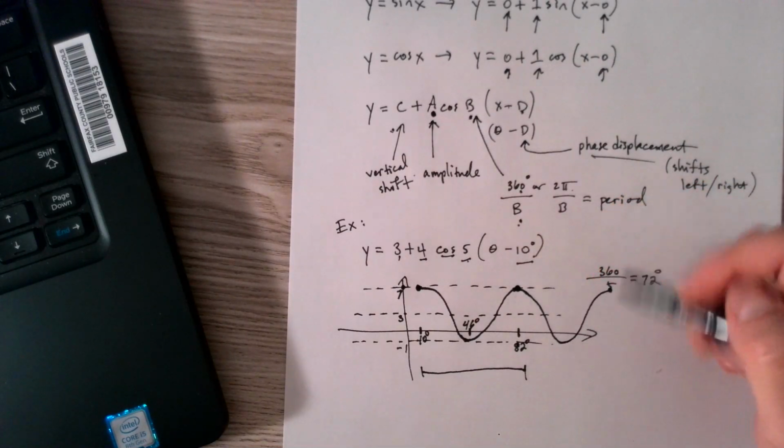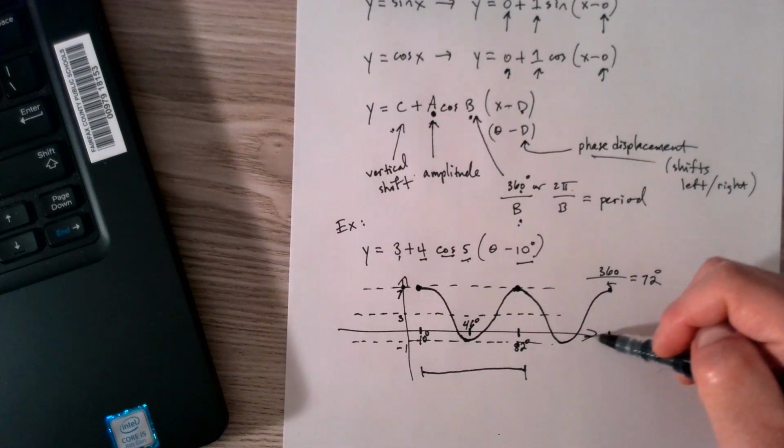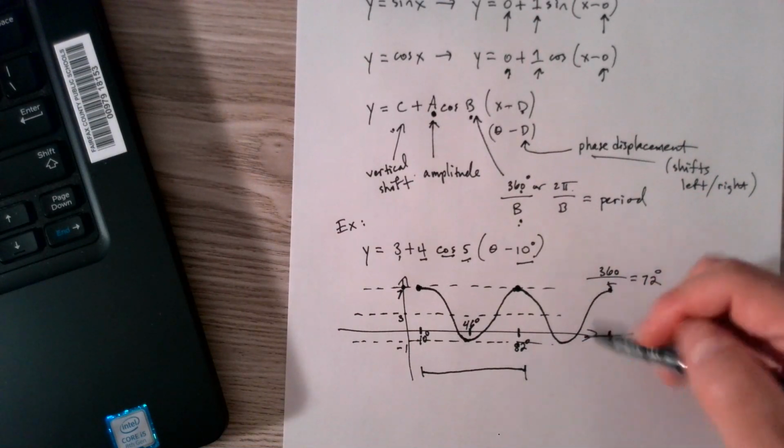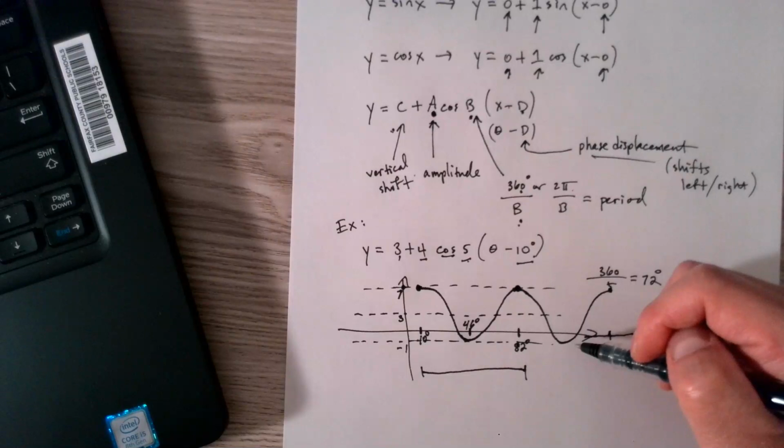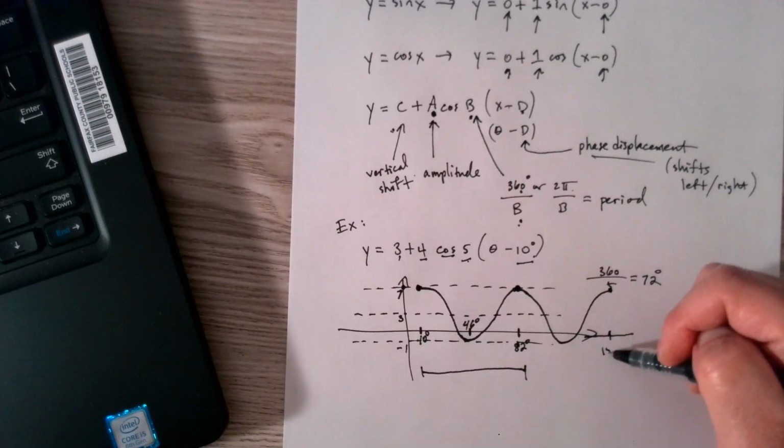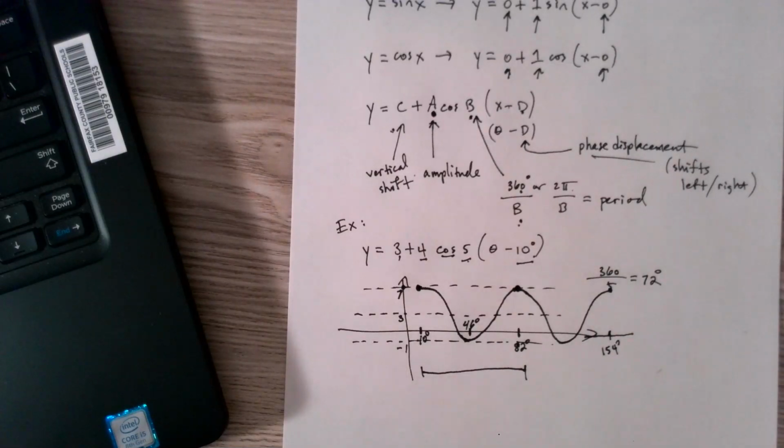And I know the period is 72, so I just add another 72 to this. That's 154. And 2 cycles are enough. You probably need to draw 2 cycles to make sure that whoever's reading your work knows that you know how long the period is.